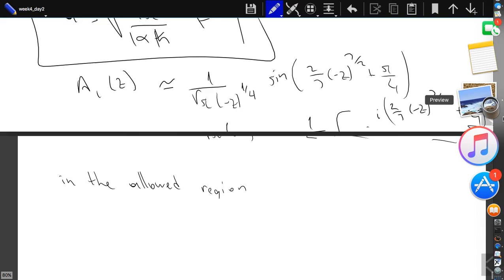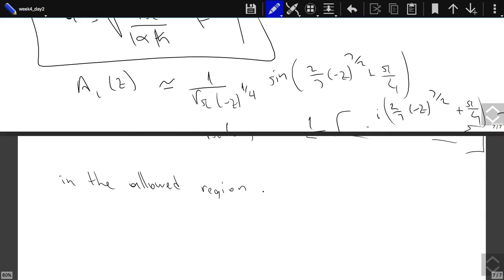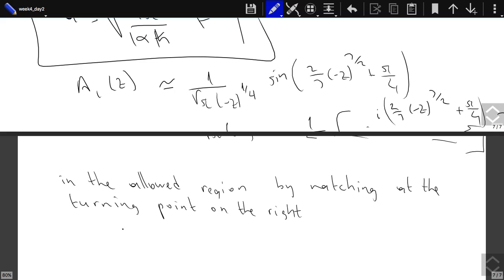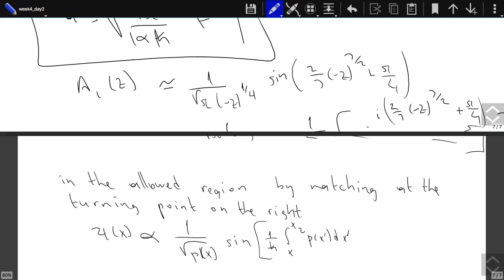The solution in the allowed region by matching at the turning point on the right: psi of x is proportional to, with some normalization constant, 1 over square root of p of x times sine of 1 over h bar integral from x to, let's say, x2, of p of x prime dx prime plus pi over 4. x2 is the turning point.